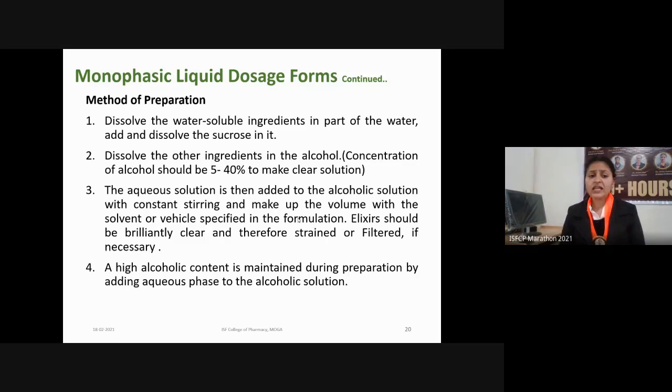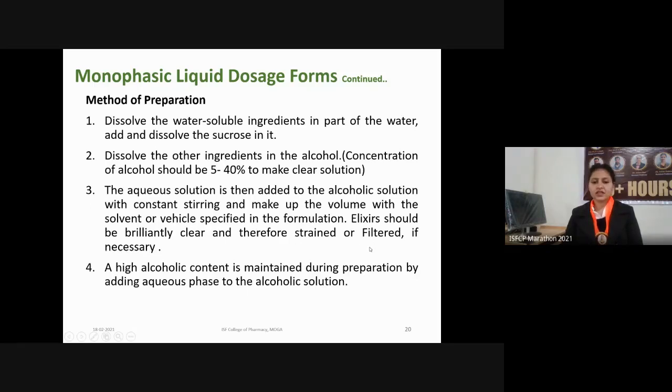Elixirs should be brilliantly clear and therefore strained or filtered if necessary. After mixing these two phases, the aqueous phase and the alcoholic phase together, we have to strain the elixirs, because elixirs should be a very clear solution. So they are strained or filtered if necessary.